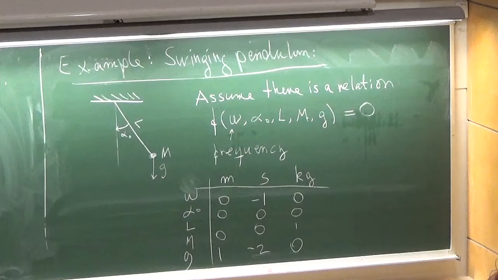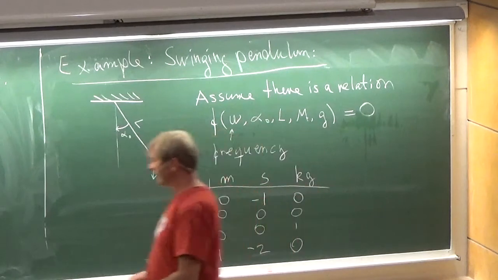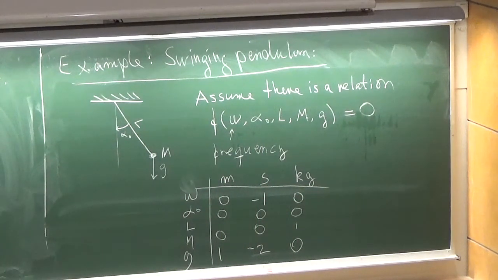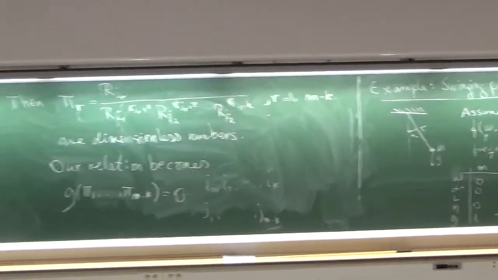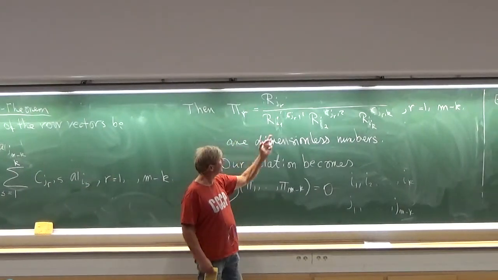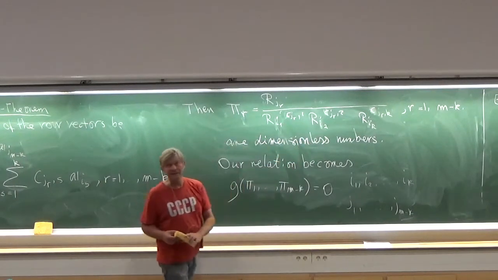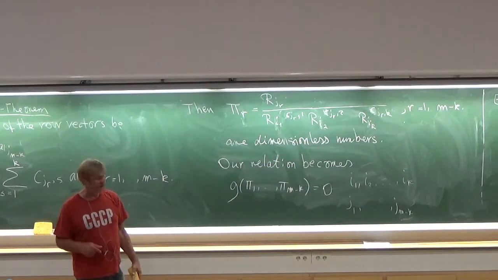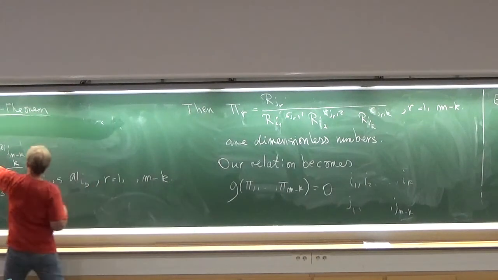Did I forget something here? It's a bit crammed down there, and I was messing up a little here, but the idea should be clear that the remaining row vectors are a linear combination of the basis vectors. And these numbers that appear here for each of the non-core variables are the ones that are here. So the idea should be simple. I think I have it correct in my notes.